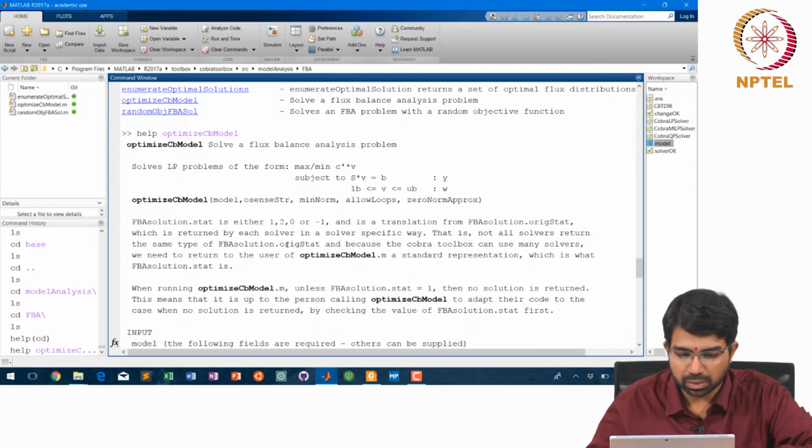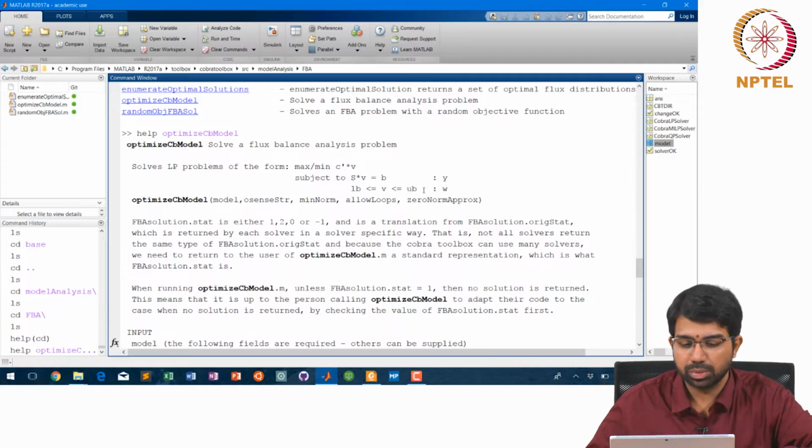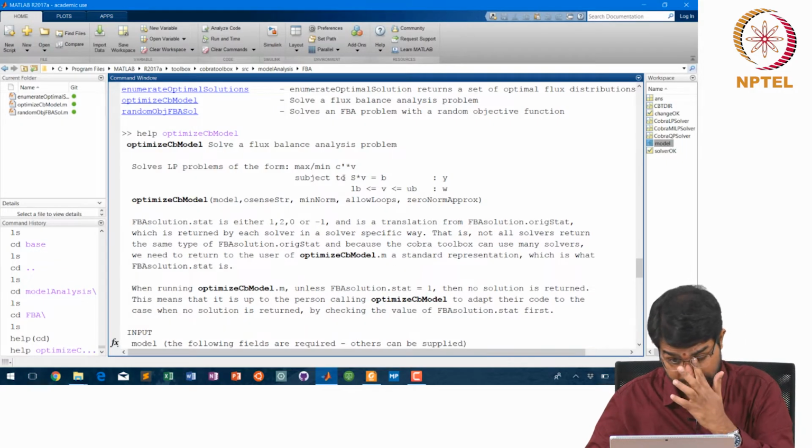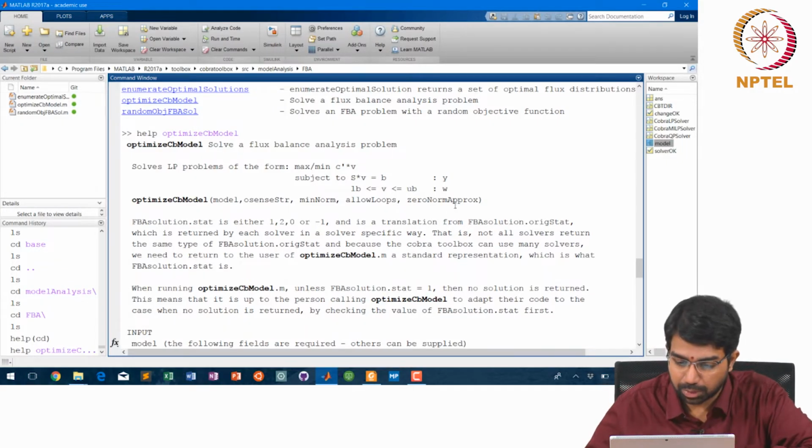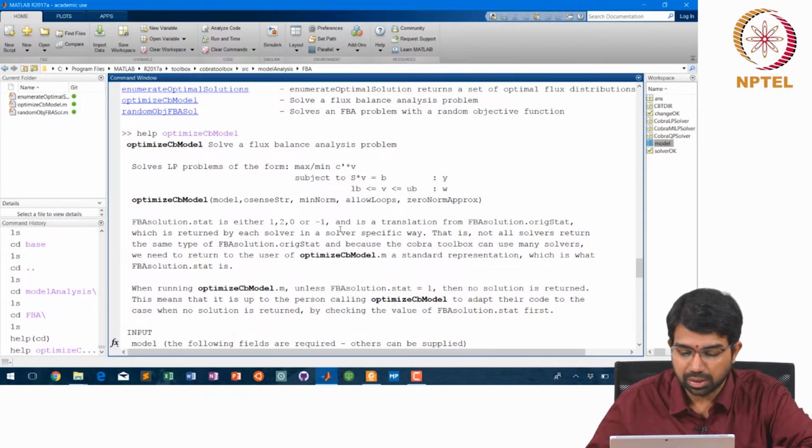It solves LP problems of the form maximize or minimize c transpose v such that Sv equals b and lb less than or equal to v less than or equal to ub. You can also give a few other things like whether you should allow loops and do a zero norm approximation or a minimum norm or things like that. We will look at what they are in subsequent classes, most of them.